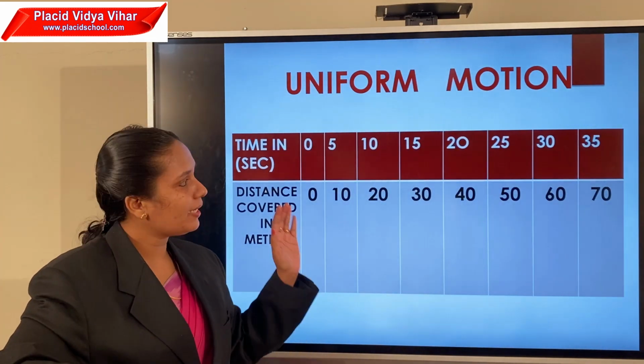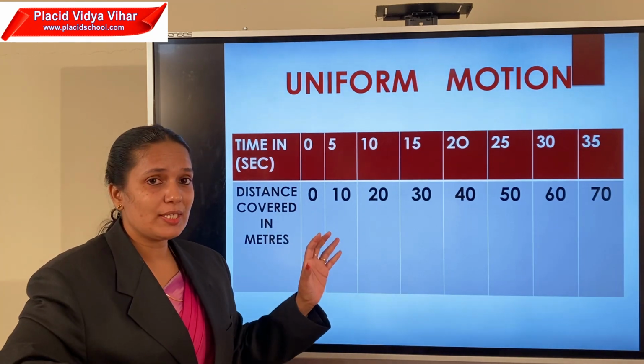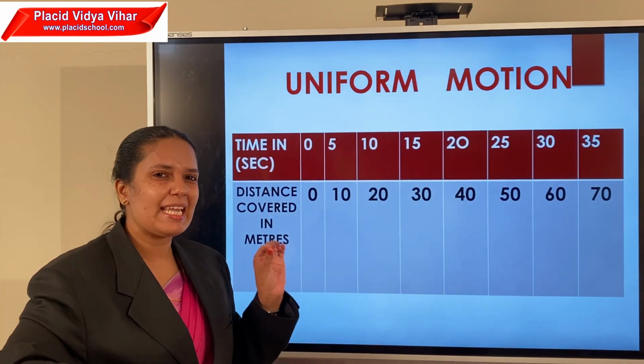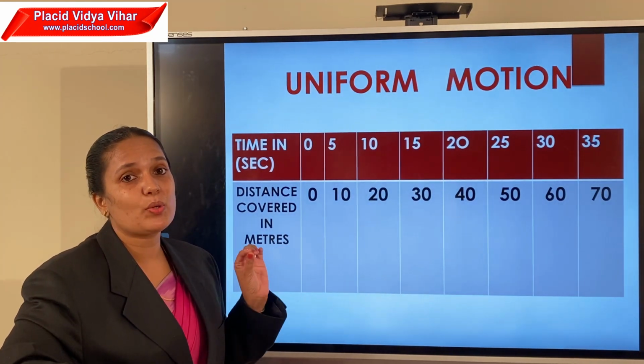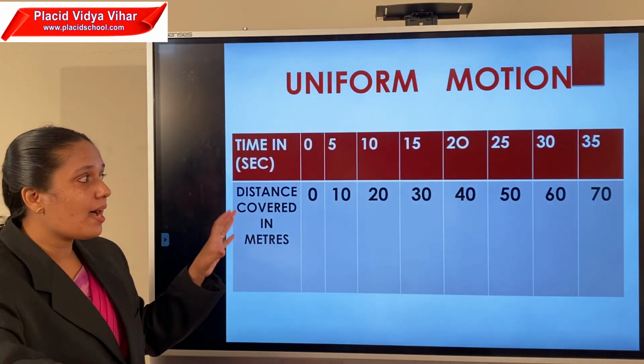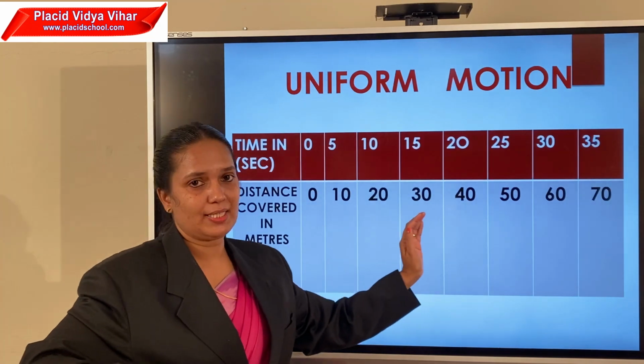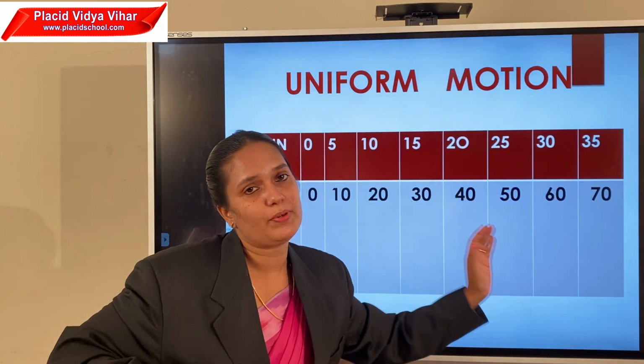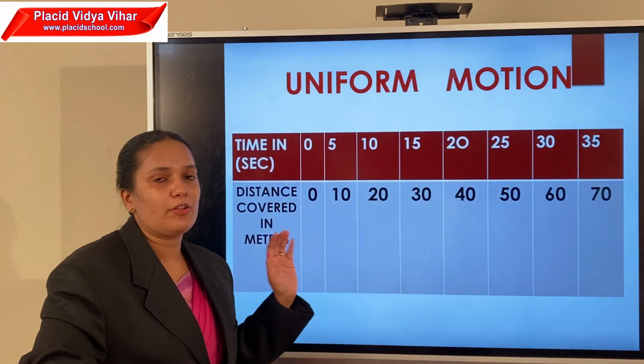So here the car covers a distance of 10 meter in each 5 seconds. So it is in uniform motion. So here the car covers equal distances in equal intervals of time. So it is in uniform motion.